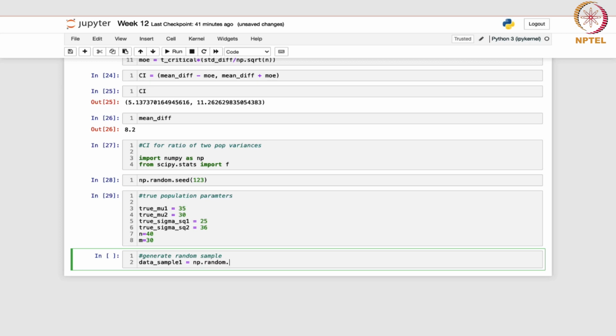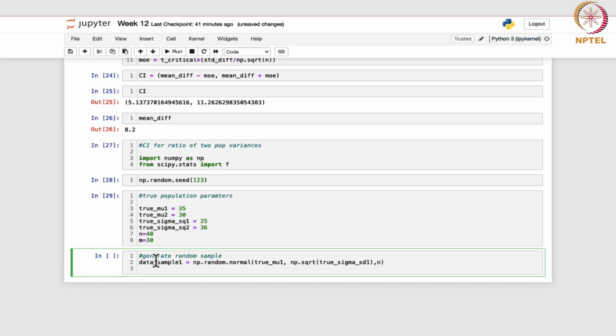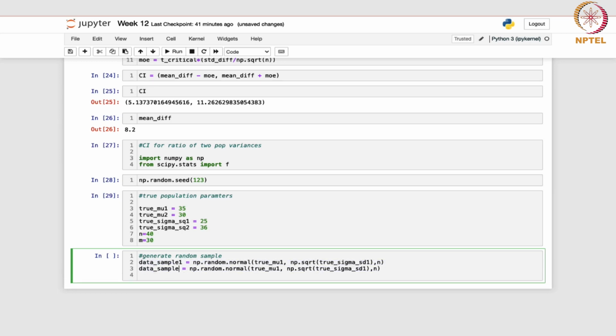So we are generating a random sample from normal distribution with mean, true mu 1, variance, that is np.sqrt we can write. So that would be the standard deviation, that would be true sigma underscore sd1, and finally the sample size would be n. Likewise, you would just copy it. And here it would be true mu 2, sd2 for the second sample, and the second sample size is m.